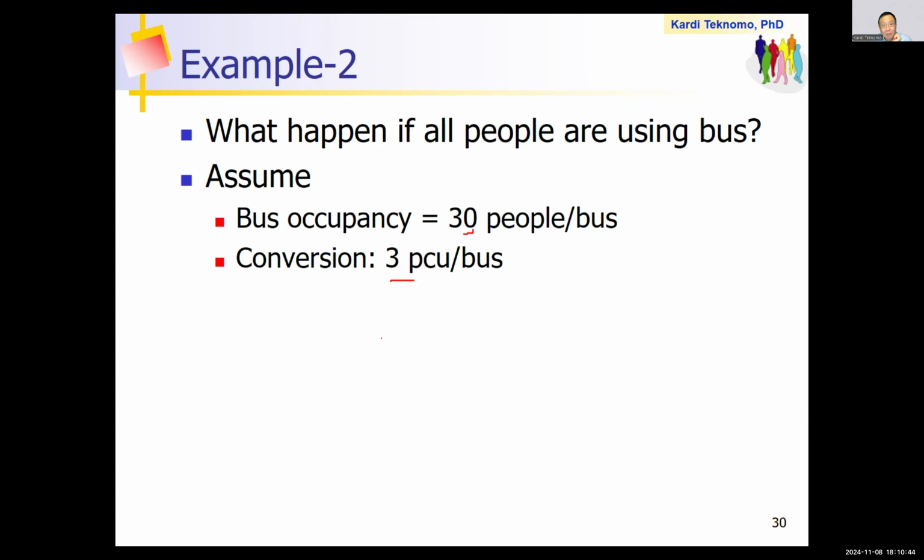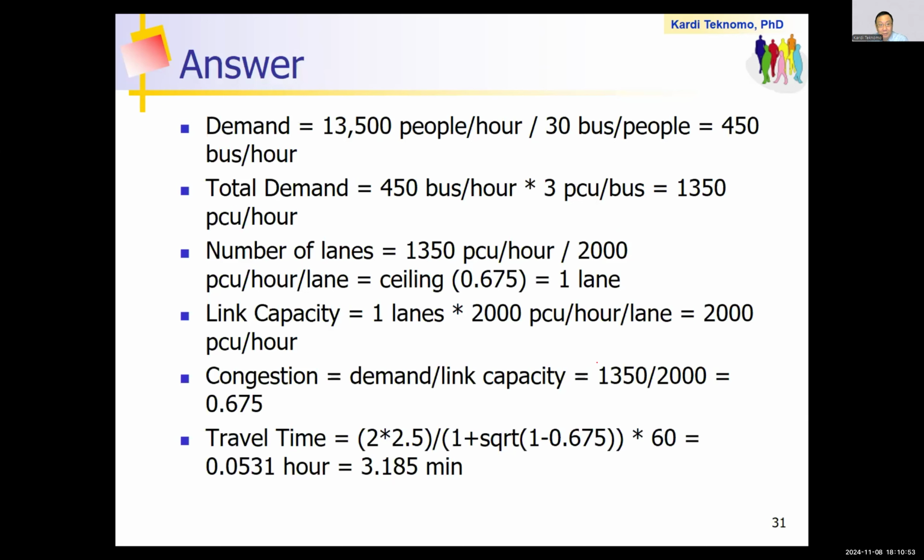So what happens to the same problem? The same demand, 13,500 people per hour, and now you know the occupancy of vehicles, which is 30 people per bus. Then you have 450 buses per hour, multiplied by 3 PCU per bus.